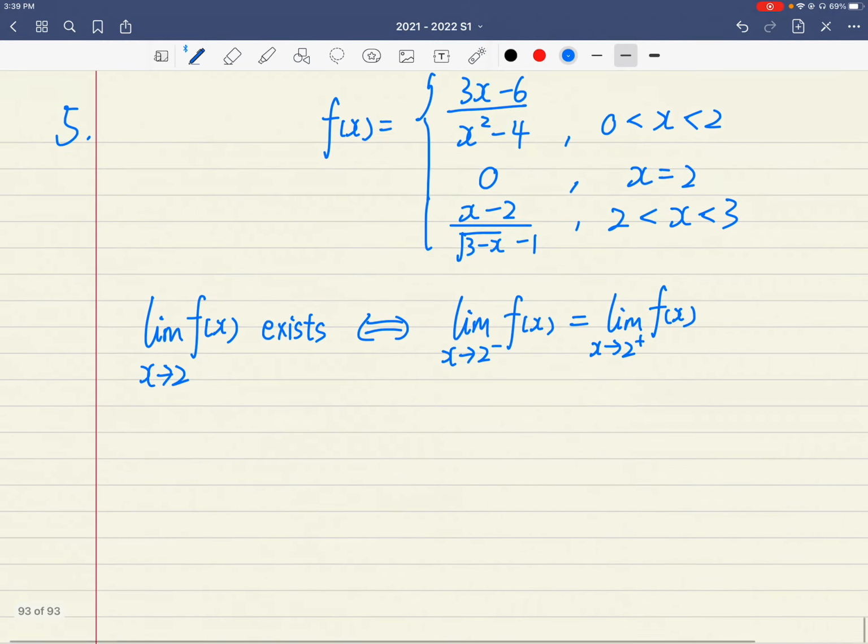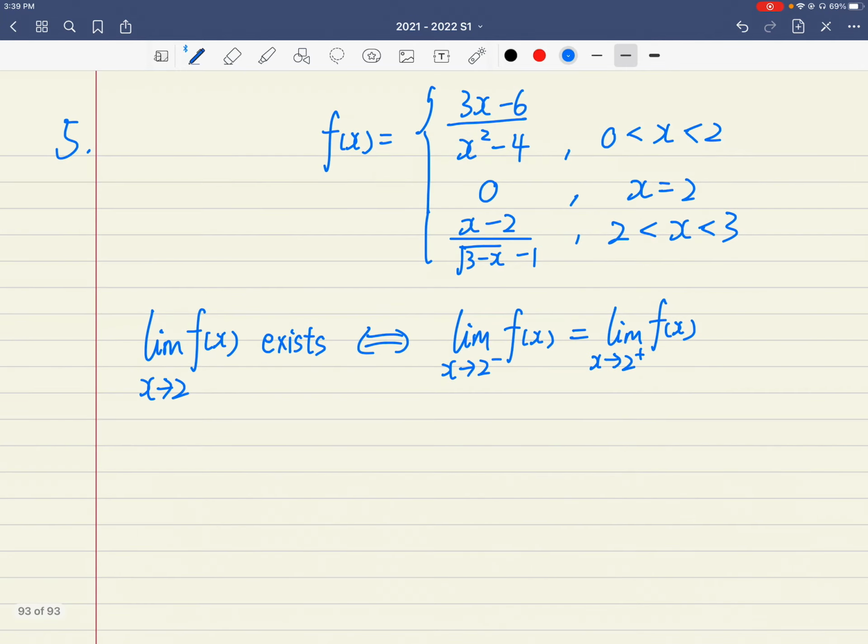What does limit from the left mean? It just means x is approaching 2, but x is always slightly smaller than 2. Limit from the right means x is approaching 2, but x is always slightly greater than 2.